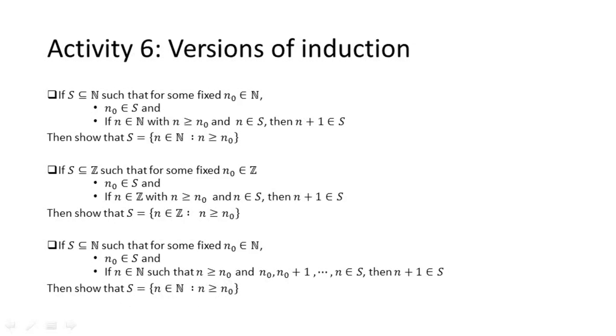Now here is an important way to think about the induction principle. Let's take this example. What this tells us is that n0 belongs to S. And the second condition tells us that for every natural number n greater than or equal to n0, if n belongs to S, then n plus 1 belongs to S. Now, if you start from this base case, because n0 belongs to S, n0 plus 1 belongs to S. And because n0 plus 1 belongs to S, we have n0 plus 2 belongs to S. And this continues forever.